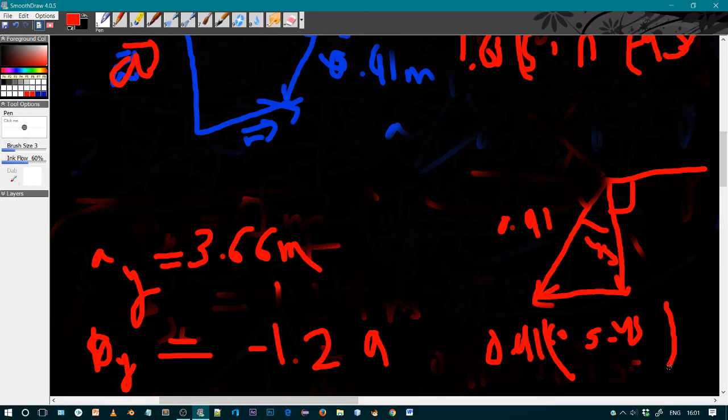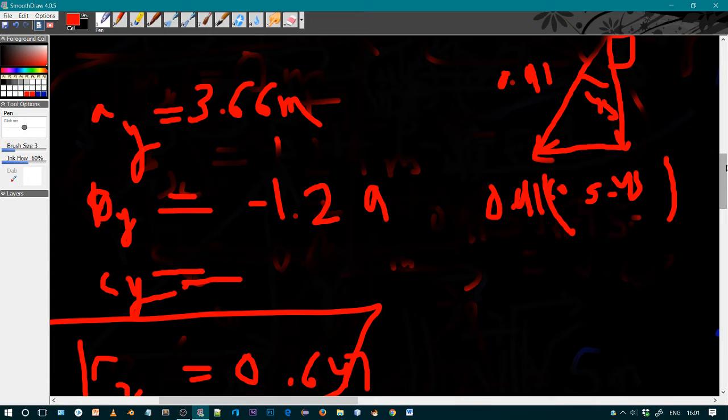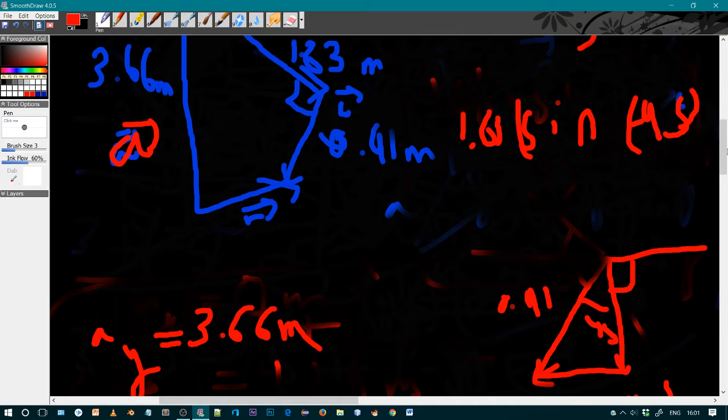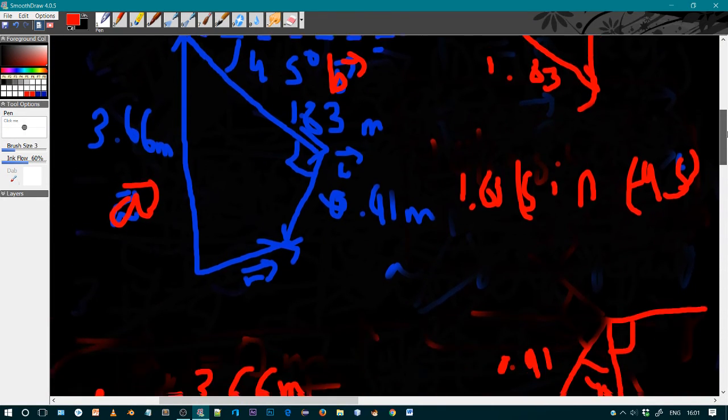Cos minus 45 into 0.91 will give a value of minus 0.707. Well, if you do cos minus 45, you'll get a positive value, because it doesn't matter whether it is negative or positive. It's a trigonometric identity.